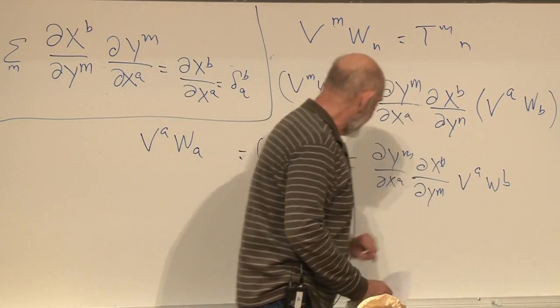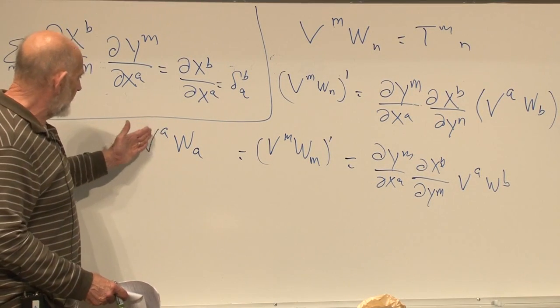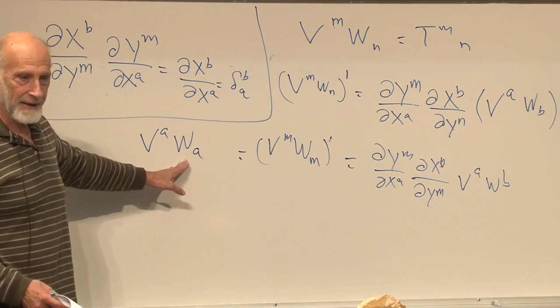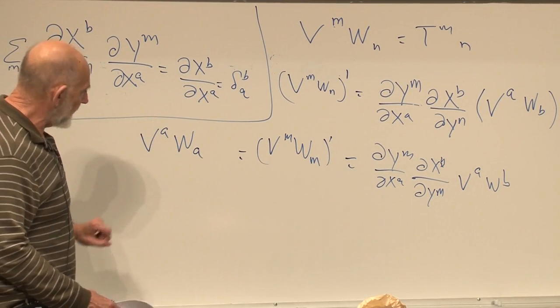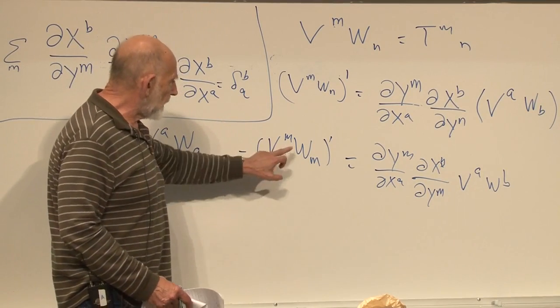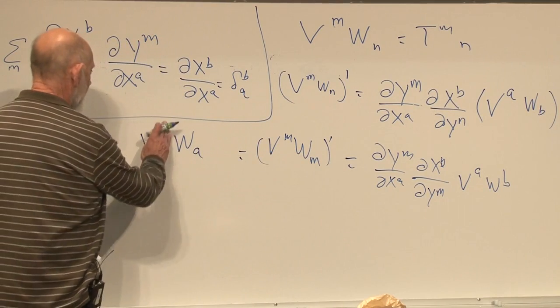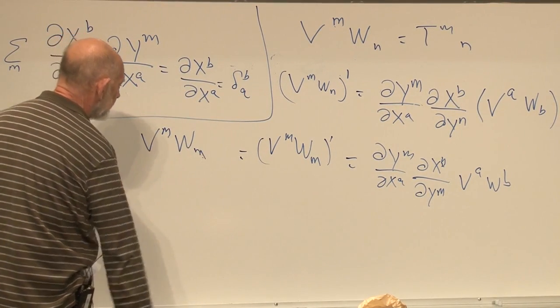Set B equal to A. And look what I have on the left. On the left, I have the contraction of an upper index with a lower index. It doesn't matter that I call it A. That's not important. I have the contraction of the upper index with the lower index in the unprimed frame, and that's equal to the corresponding quantity in the primed frame. I could call this M if I like. It's a summation index. It doesn't care what I call it.